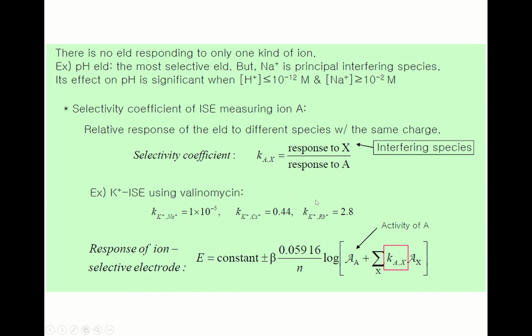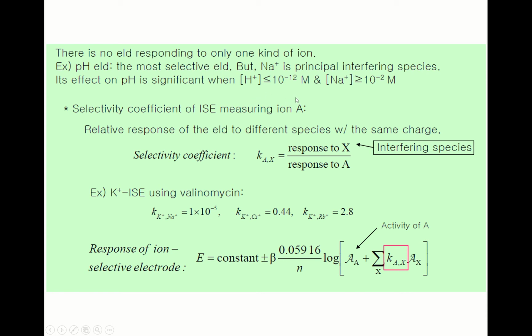Well, first, before we take a look at the types of electrodes, let's consider the selectivity coefficient. Actually, ion selective electrodes do not respond to only one species, but they may respond to several other ions. For example, for pH measurement, usually people use a glass electrode.